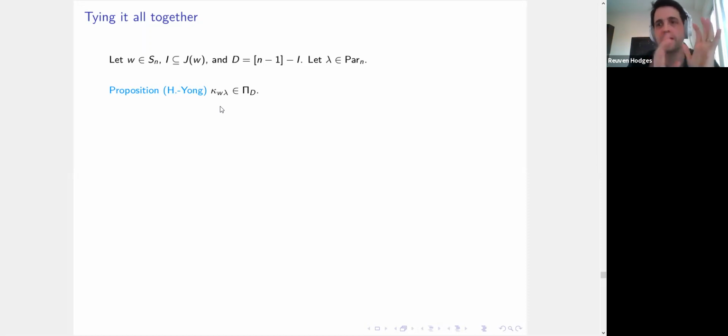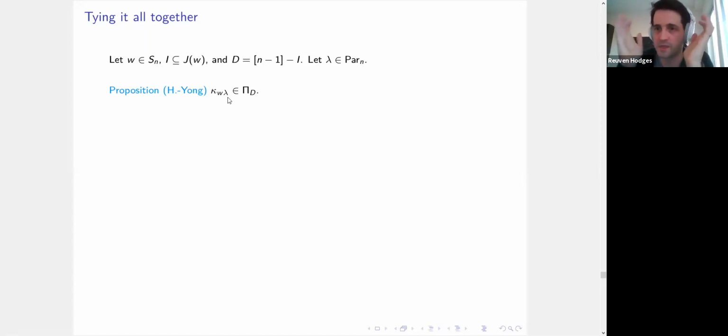Then the point is that these key polynomials in fact live inside of pi_D. That is, they are split symmetric, they're partially symmetric. There are a couple of things to say here. First of all, k_{w lambda}: lambda is a partition, w is a permutation, so you act on the partition by permuting it according to the permutation.